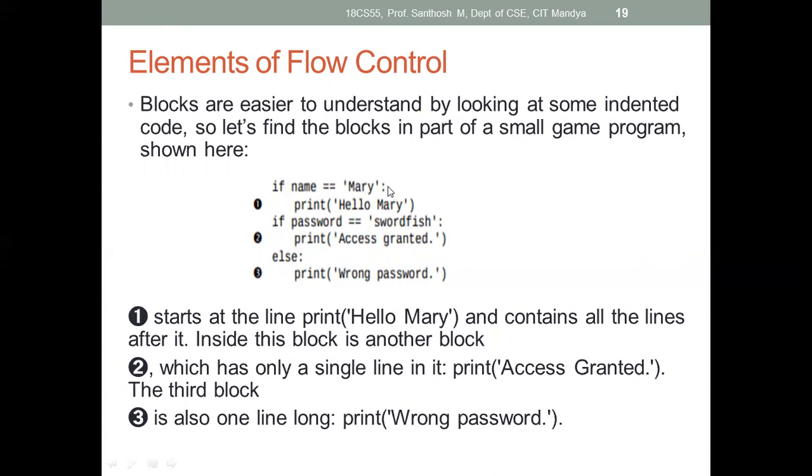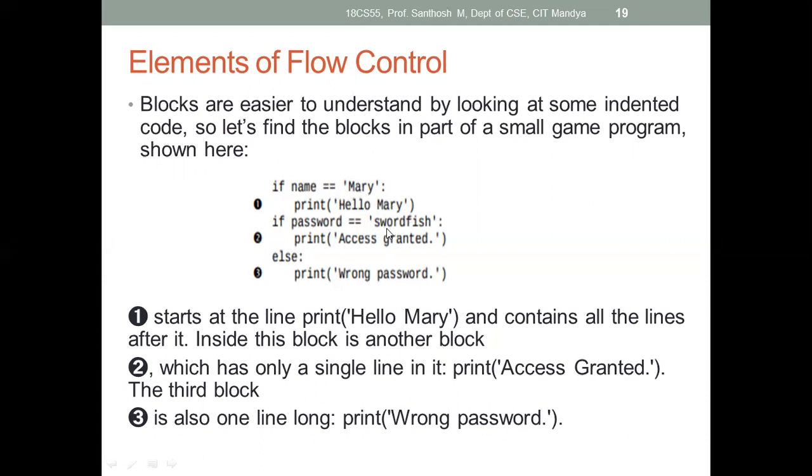After that you specify a colon, not a semicolon, a colon. So it is if followed by a condition, which contains a boolean expression only, and then a colon. Below that you write your block of code. The block of code here is print, where we are going to print something: print hello Mary. This is the small game program actually. If name is equal to Mary, print hello Mary.